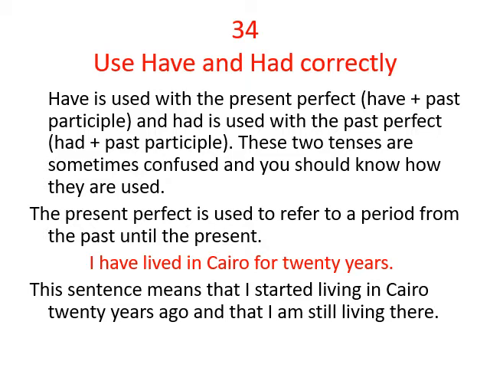The present perfect is used to refer to a period from the past until the present. يعني ما أقول I have lived in Cairo for 20 years يعني بقالي 20 سنة عايشة هنا في القاهرة. This sentence means that I started living in Cairo 20 years ago and that I am still living there.